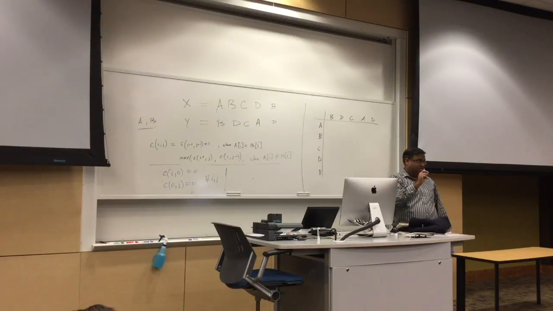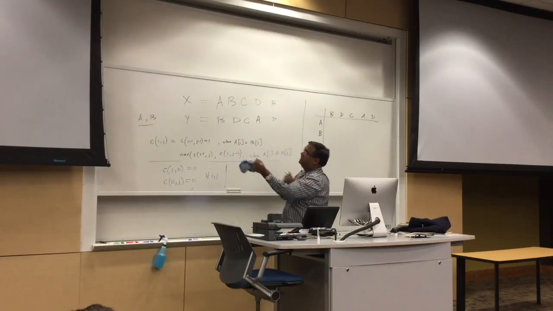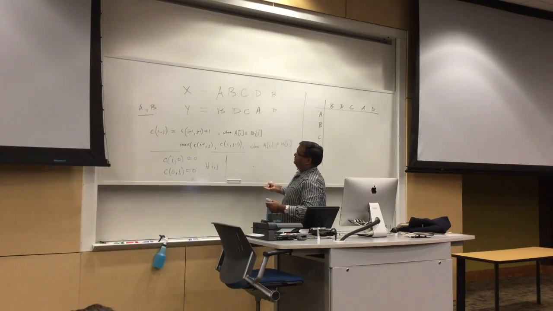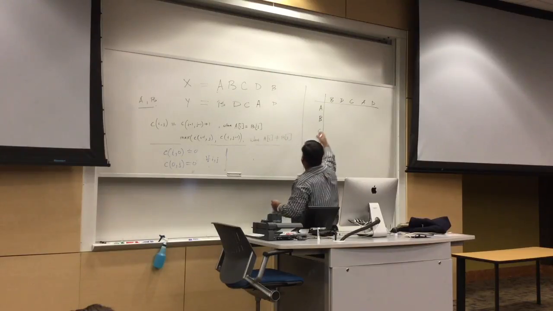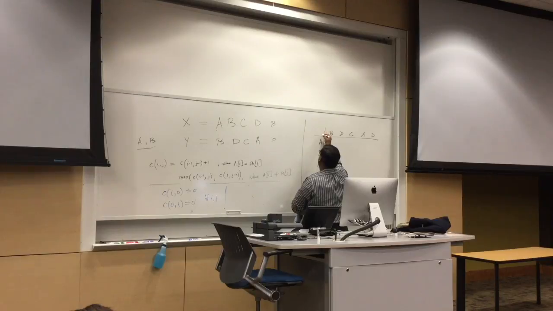It's in the book. And so if you're taking notes, definitely take notes. Otherwise, like I said, it's in the book in great detail. So say these are my 2 sequences. So this is my X, and this is my Y.